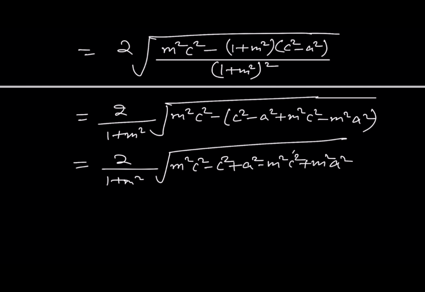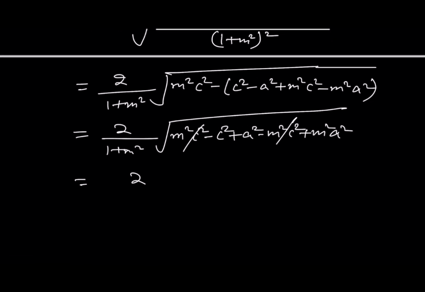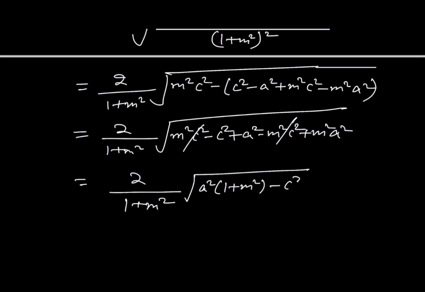Okay, so m square c square and m square c square cancel out, and this will be 2 upon 1 plus m square times root over a square times (1 plus m square) minus c square. This is mod of x1 minus x2, right?